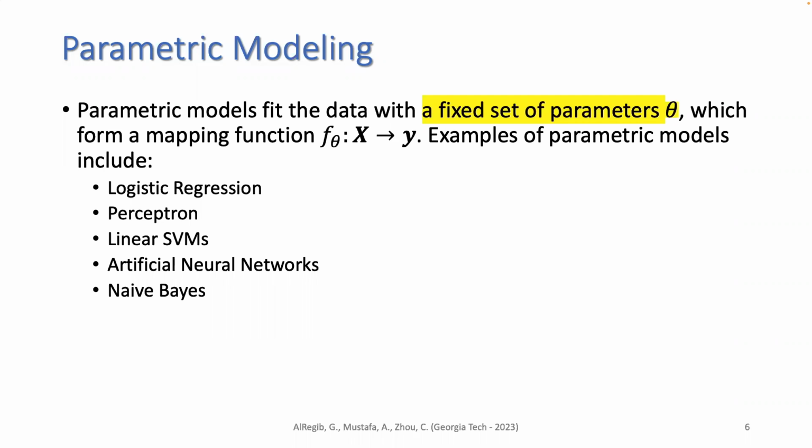If we have certain parameters that we are trying to estimate, which take this mapping from the input space to the prediction output Y, then we have a parametric model. Naive Bayes is one, logistic regression is another one, MLPs and ANNs and SVMs are all parametric models.